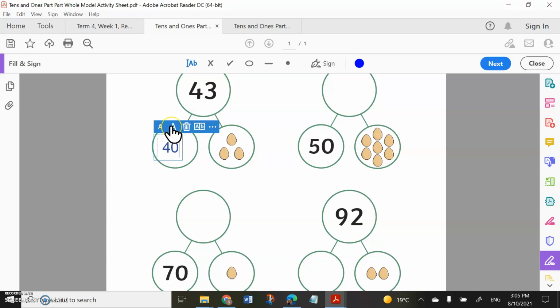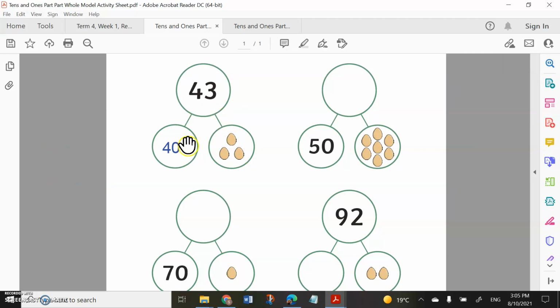Great, so here we can see that we have the number 43, and that is made up of 40 and then 3. So we've broken the number up into parts.